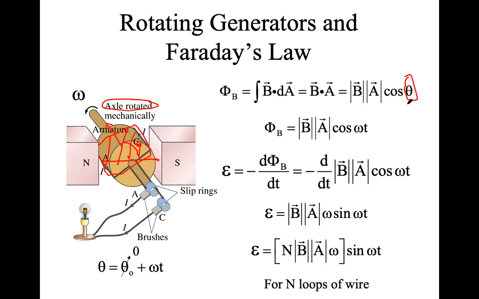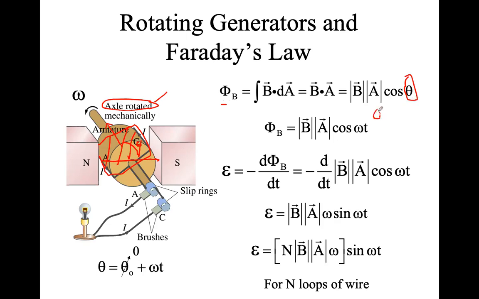And then there's also a place where this will be 90 degrees, cosine of 90 degrees is 0, and then at that point the flux will be 0. So clearly, as this thing is forced to rotate around by some engine of some sort, the magnetic flux is going to change because of the rotation, okay? By virtue of the fact that this angle is forced to change.